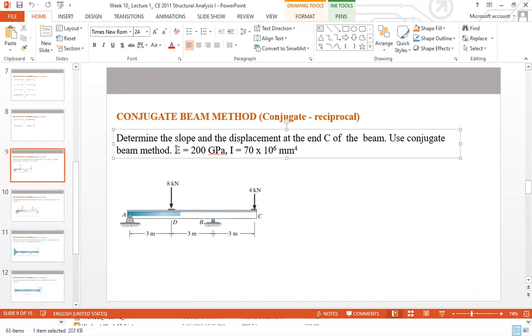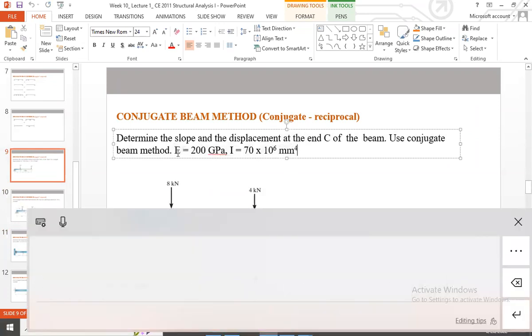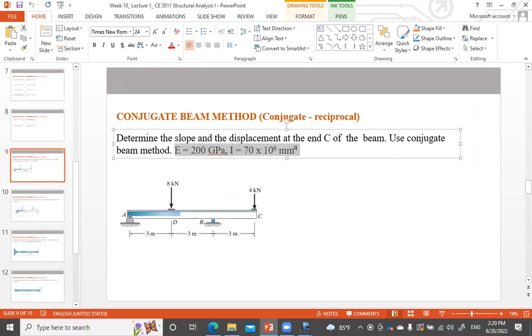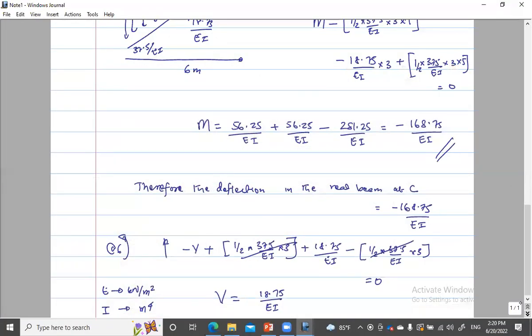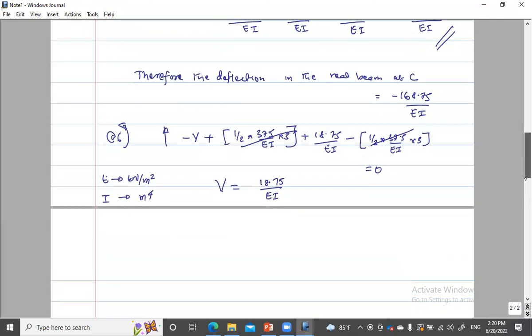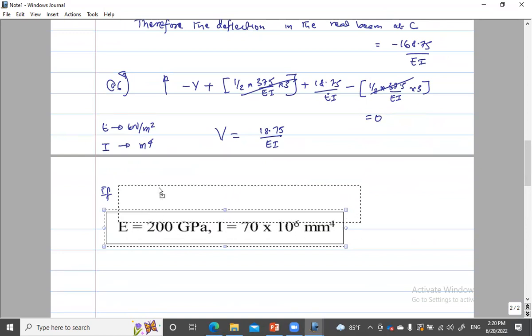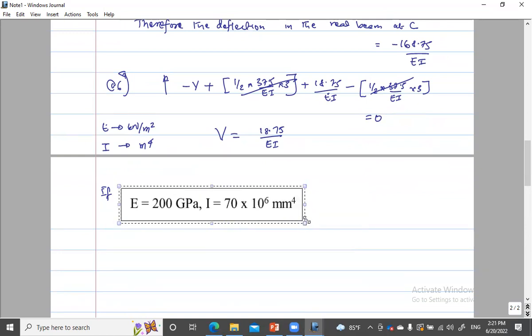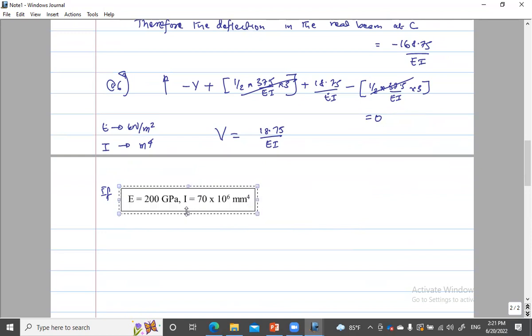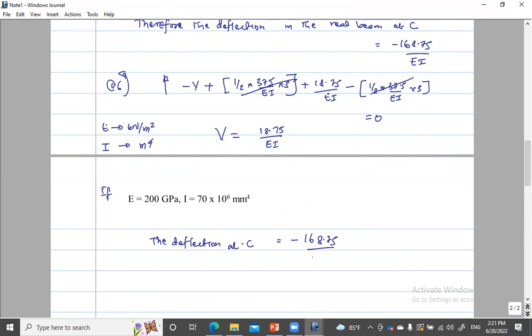If E is this value, normally if it is given like this, then the deflection at C is minus 168.75 over EI, right?